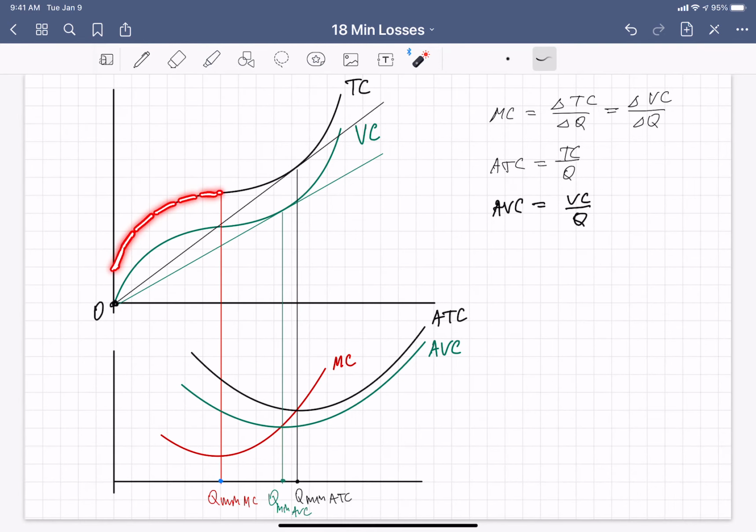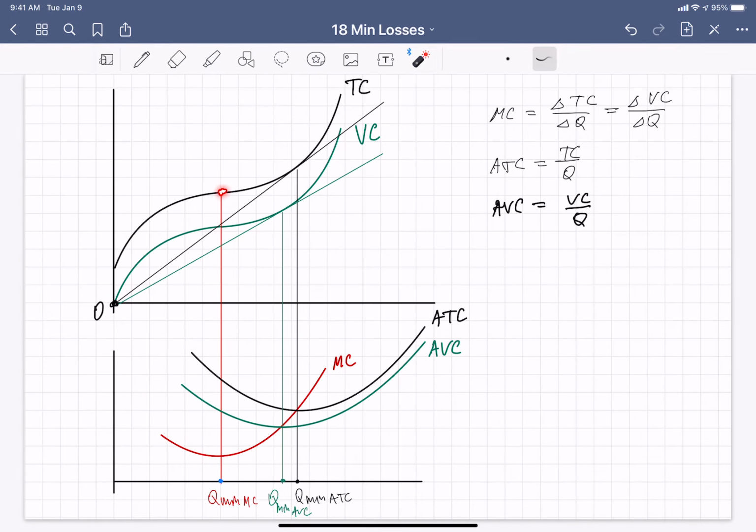And that reflects in the U-shaped curve of MC, and the fact that MC is going down up to this point. As long as this curve is getting flatter, MC is going down, which makes sense, right? Because MC just tells us what the slope is as we measure it on the TC curve.